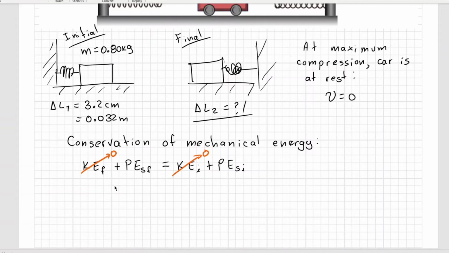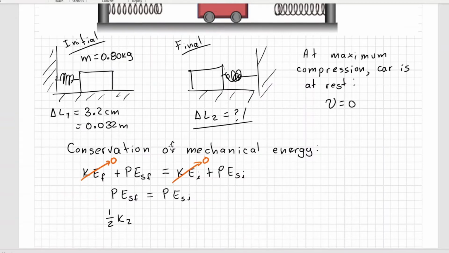And we end simply with the potential spring energy. And we know the formula to calculate the potential spring energy. At the final time, the car is pushing against spring 2 on the right side. At the initial time, the car is pressing against spring 1 on the left.